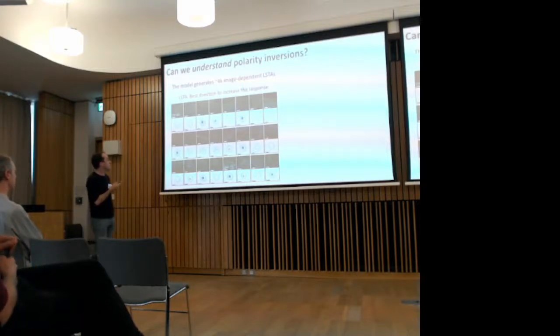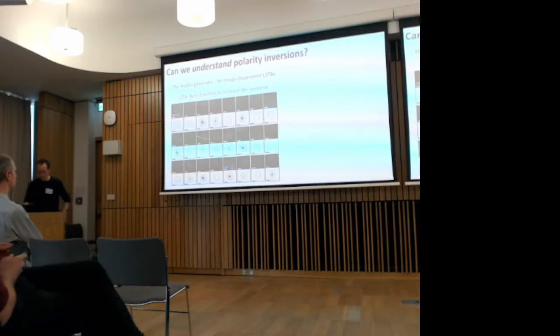The immediate thing when you look at them is that they are different, but not so different. You see inversion of polarity, and you see strange things like here, which we also see in the data. But overall, they don't seem to change in so many directions. So we did the simplest dumb thing possible: we tried to reduce the dimensionality of all these possible local STAs, again for just a single cell. The simplest way to do dimensionality reduction, when you're not a fancy person like me, is to do PCA.